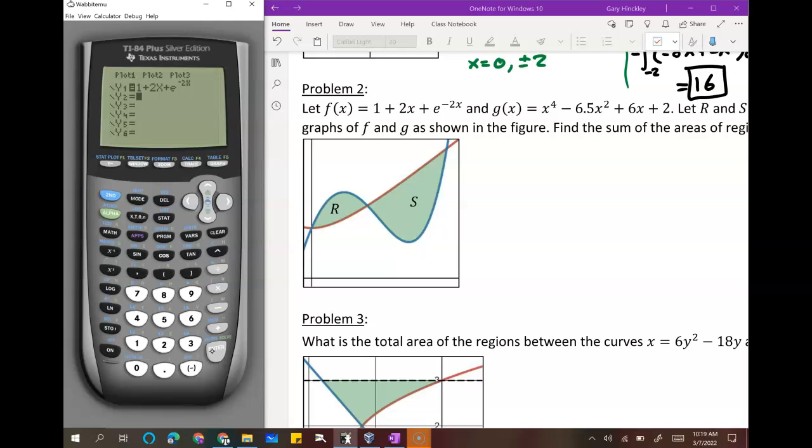Once you've assigned them into here, let me get this one in here so that you don't actually have to type out all these integrals in your calculator. It makes it actually something very nice. Minus 6.5x squared plus 6x plus 2. And I think I've shown you this before, but I'll show it to you again.